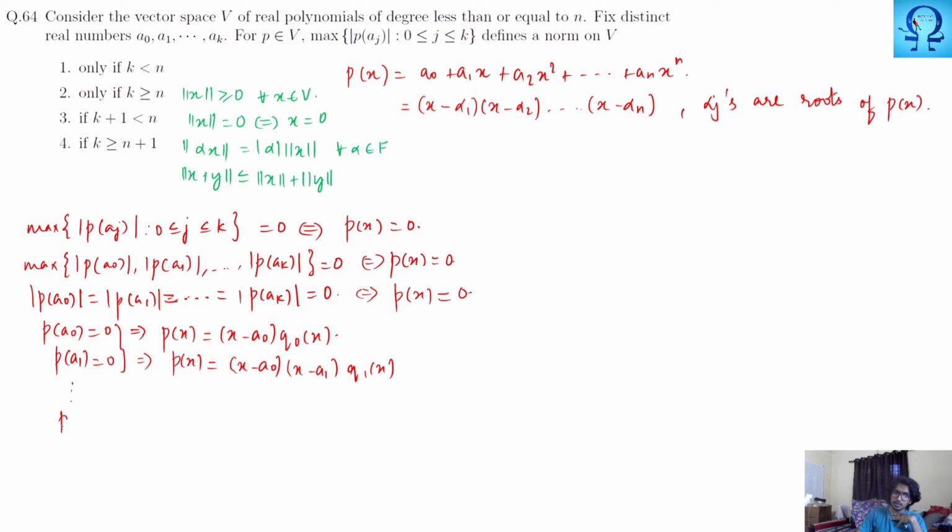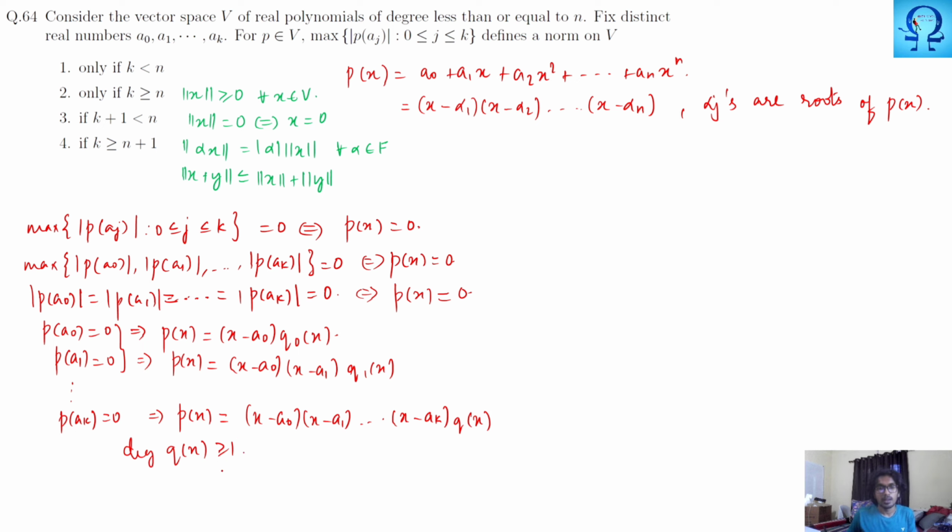When I proceed this way till ak is equal to 0, then I must have x minus a naught, x minus a1 till x minus ak into some q of x. Only then my p of x can be equal to 0. Let us say, suppose the degree of q of x is bigger than or equal to 1. Then what happens?